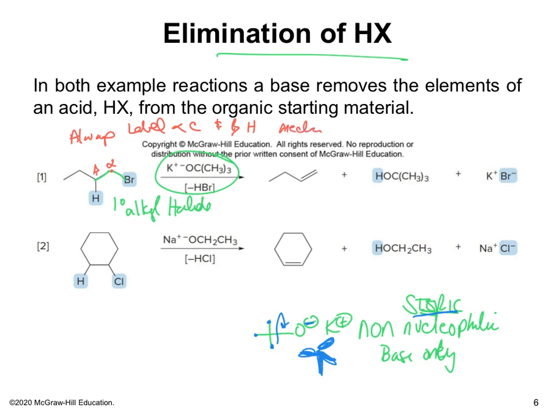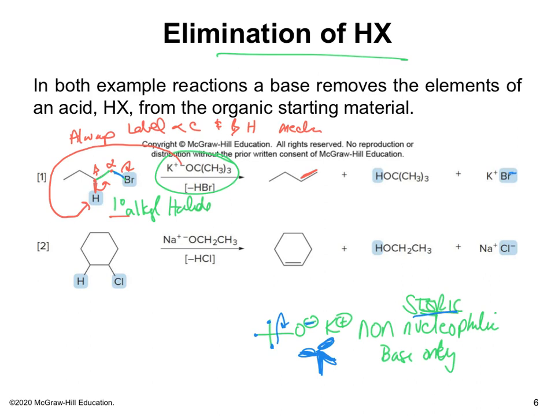So here we identify that it's a primary, there's only one carbon neighbor. So you only have one hydrogen to look for. This big bulky base, not a nucleophile, will take that hydrogen, and then this will push those electrons here to make your alkene, and then these electrons will leave.